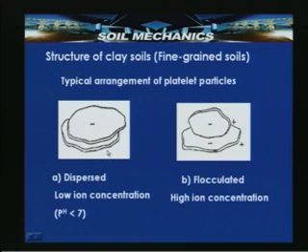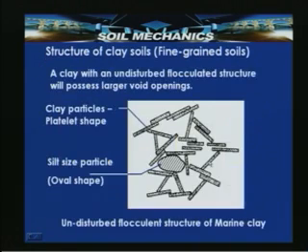For practical significance, this can be there in quiet lakes or lacustrine clays. A flocculated arrangement can be there for marine clays with high ion concentration, where you can see edge to face attachment yielding an open mesh flocculated arrangement.